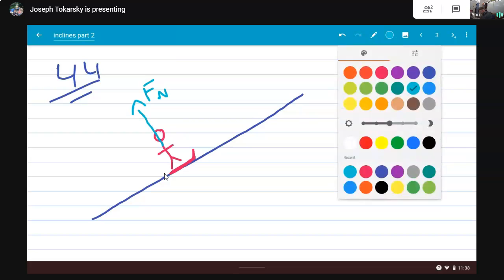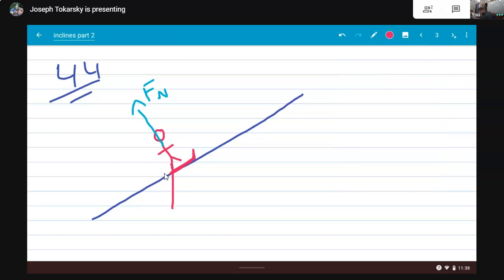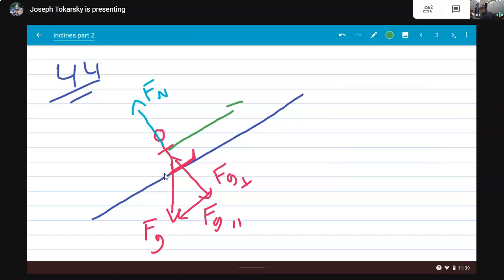We would still have weight down, and that weight would still break up into the two components, F_G perpendicular and F_G parallel. But now we're holding on to a rope pulling us up an incline, and the incline's 14 degrees. This rope is pulling me like this, so we have a tension upward.